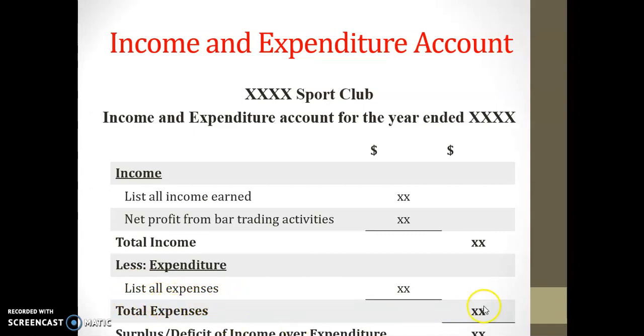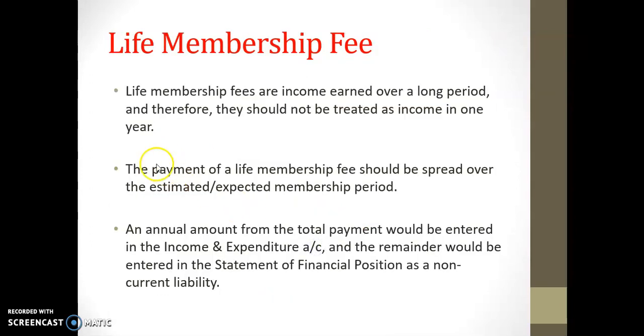So then you will subtract your total expenses from your total income, and you will either have a surplus of income over expenditure or excess of expenditure over your income. So this is an example of what the income and expenditure account will look like.